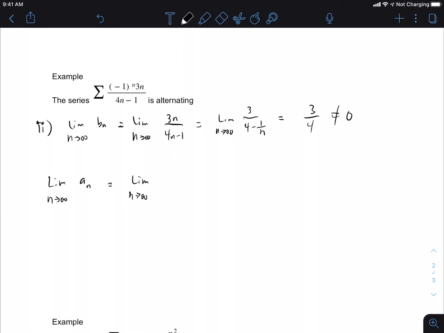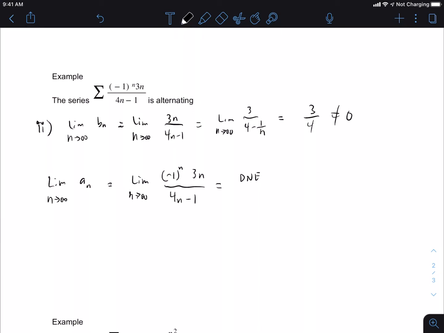So as n goes to infinity of negative 1 to the n times 3n over 4n minus 1, we can see that this does not exist because it's always going to oscillate. Basically, you can think of it as 3 over 4, but with the negative 1 there, it's going to go back and forth, oscillating.